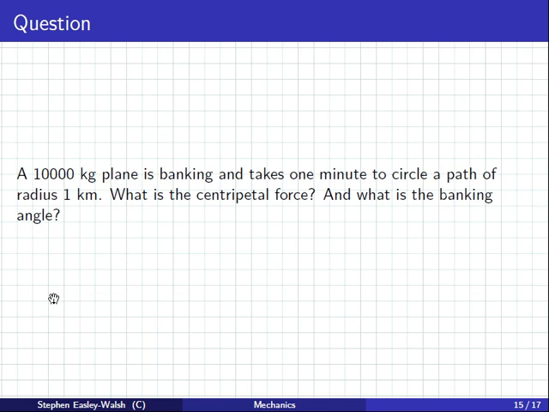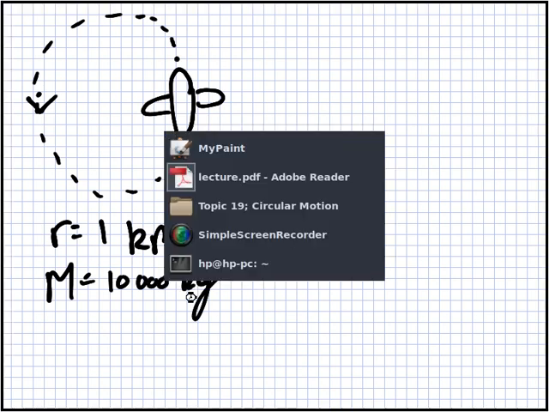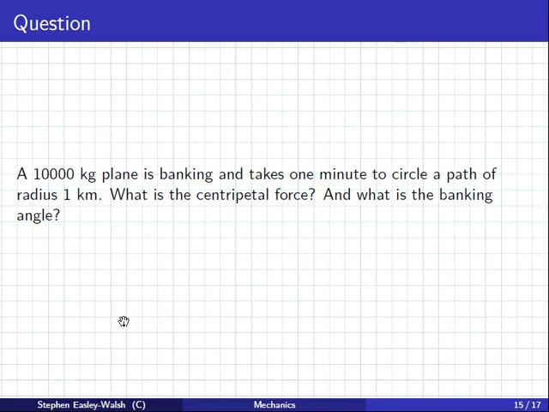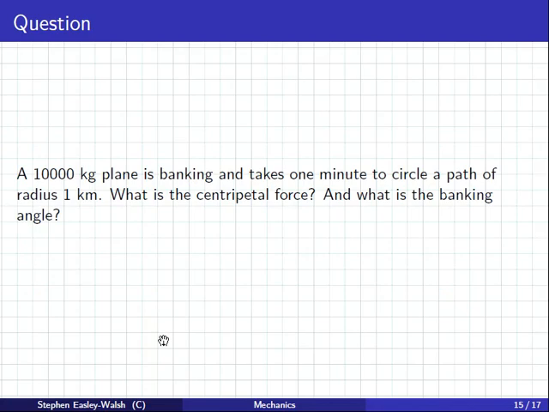The mass is 10,000 kilograms. The time is 1 minute. Is that all the info?